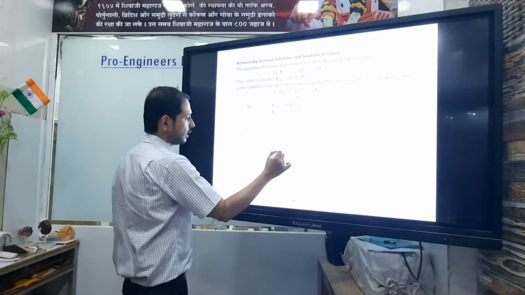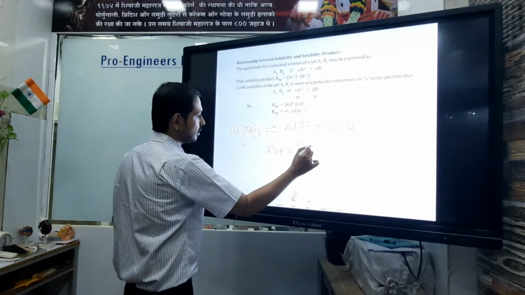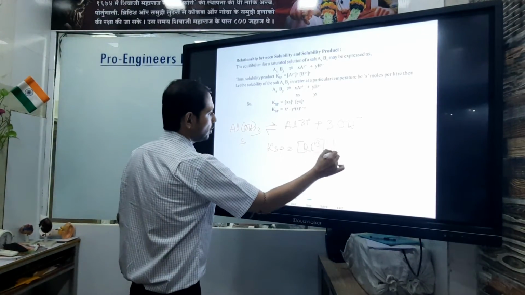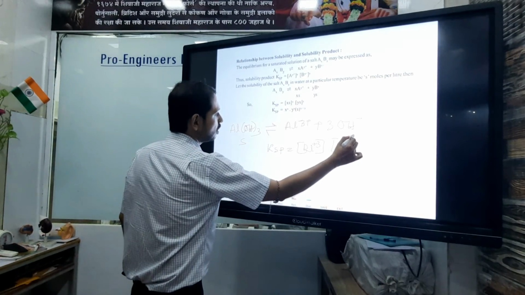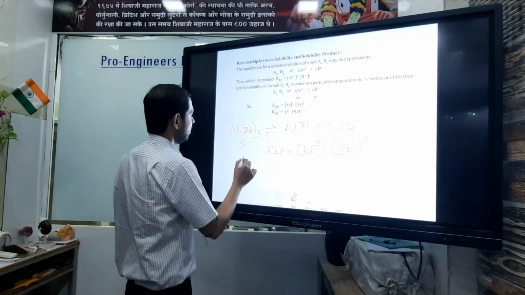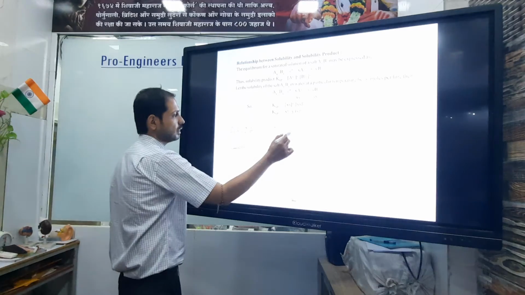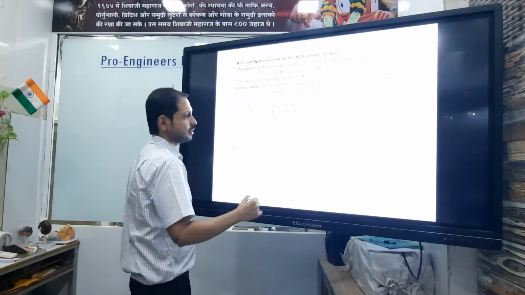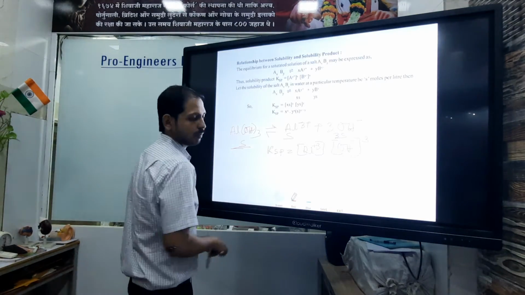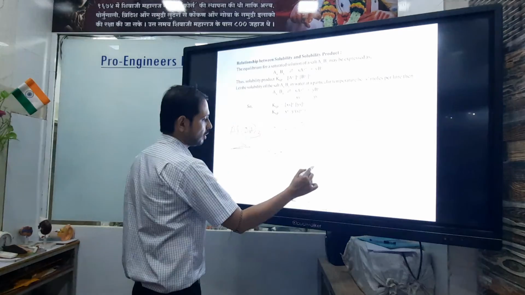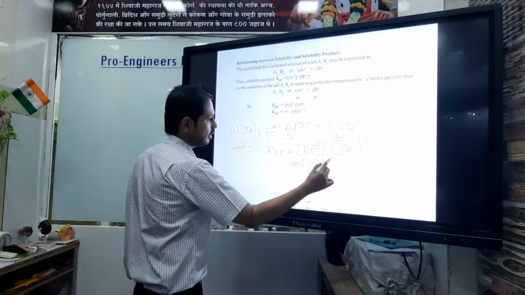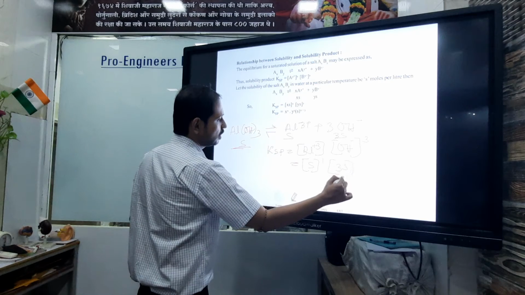KSP is equal to what can we write? Concentration of Al3+ times OH minus raised to 3. Now if we dissolve S mole, it will give you S moles of aluminum 3 plus, and 3S moles of OH minus. So here we have S raised to 1 and 3S raised to 3.